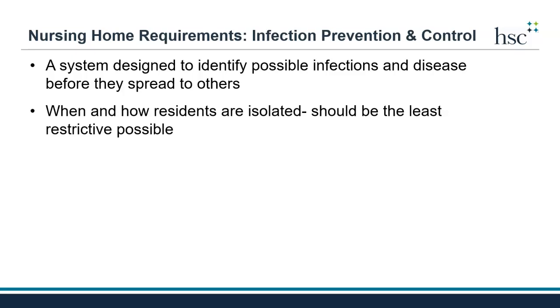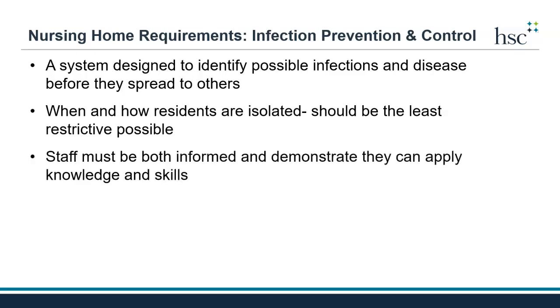Again, these measures should be the least restrictive as possible. And lastly, staff must also know and be able to demonstrate by observation or some other manner their knowledge and skills in infection prevention and control.